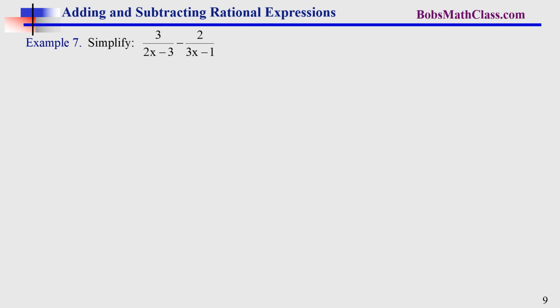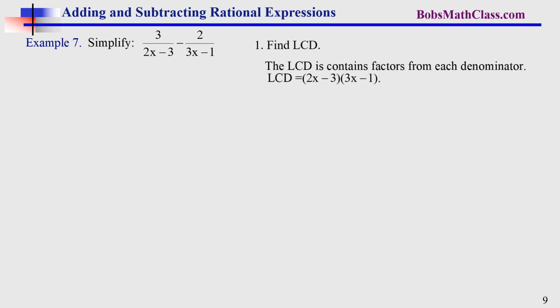When I say multiply it, I just mean you write it as a multiplication problem. You don't have to FOIL or anything like that. Okay, so our LCD is going to be both 2x minus 3 and 3x minus 1. So whenever the factors are binomials and they don't factor, it's just going to be each one of those.